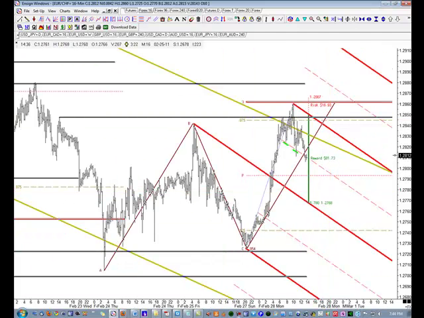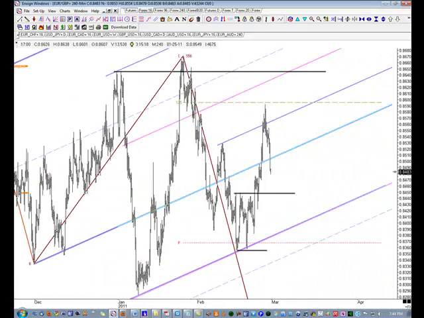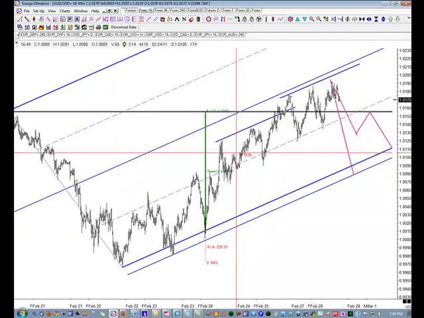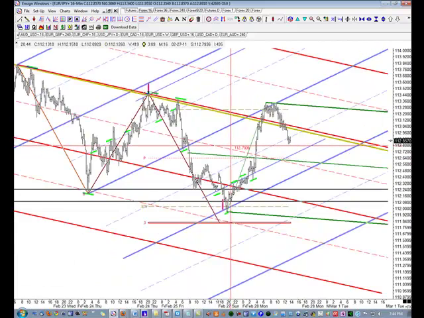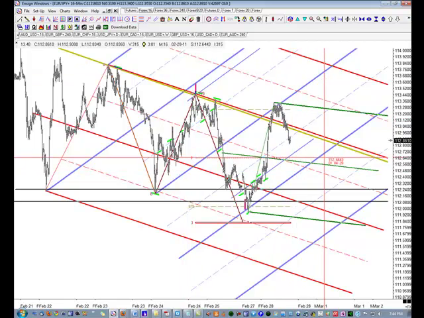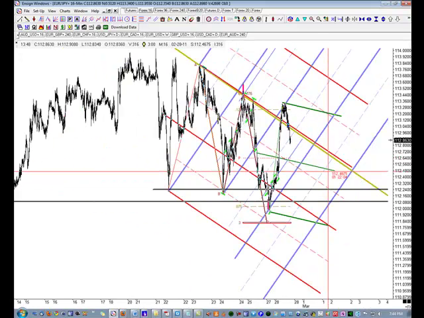So this is all for today. I hope I gave you some indications about what to do and what not to do. And let's see if here we get to this zone and then we go higher or what.